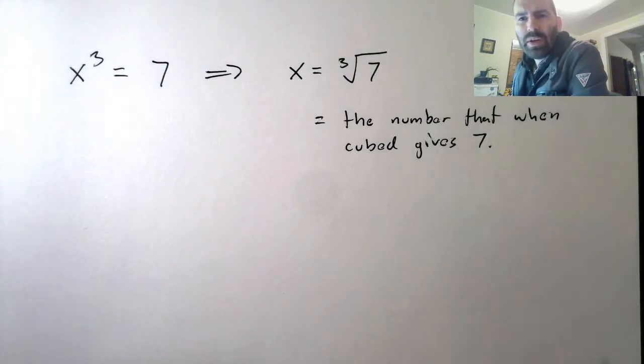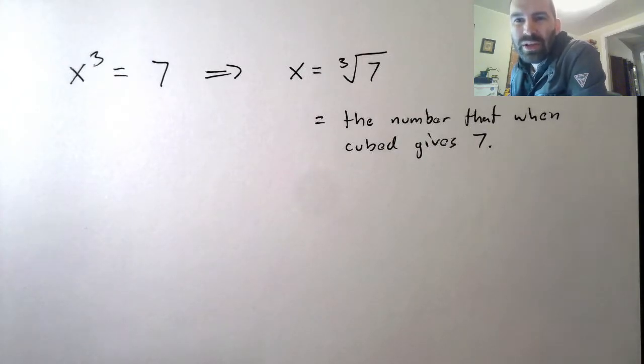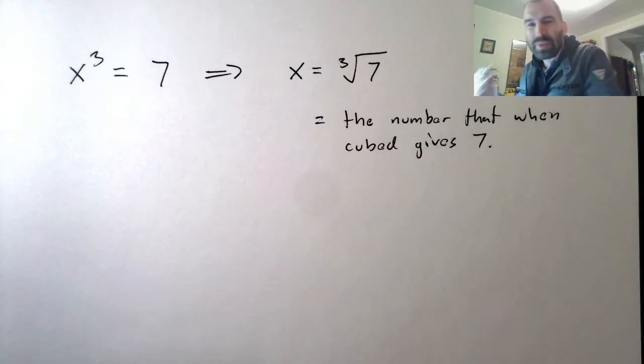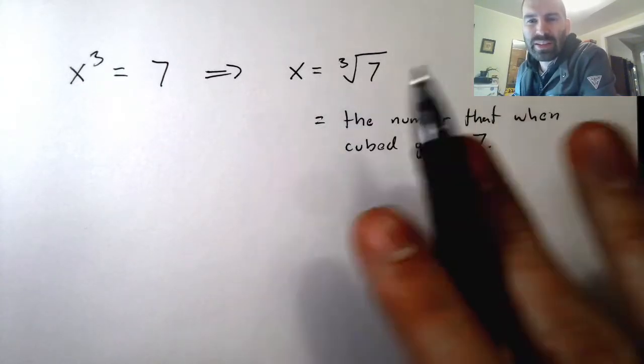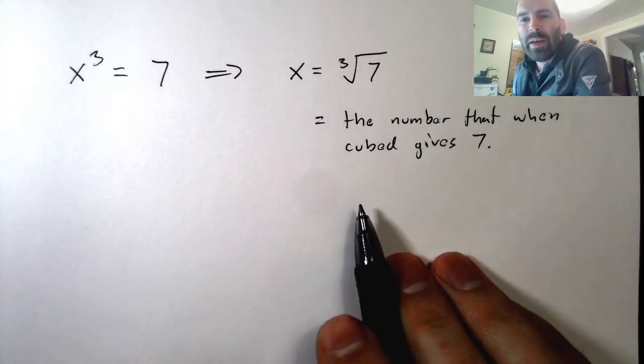And we could probably even surmise roughly what value that might be. I know that 2 cubed gives 8, so it's a number a little bit less than 2. 1 cubed gives 1, so it's a number between 1 and 2, probably closer to 2. So we have an idea of where this number is on the number line, and we could use a calculator to get its decimal value to approximate it that way.